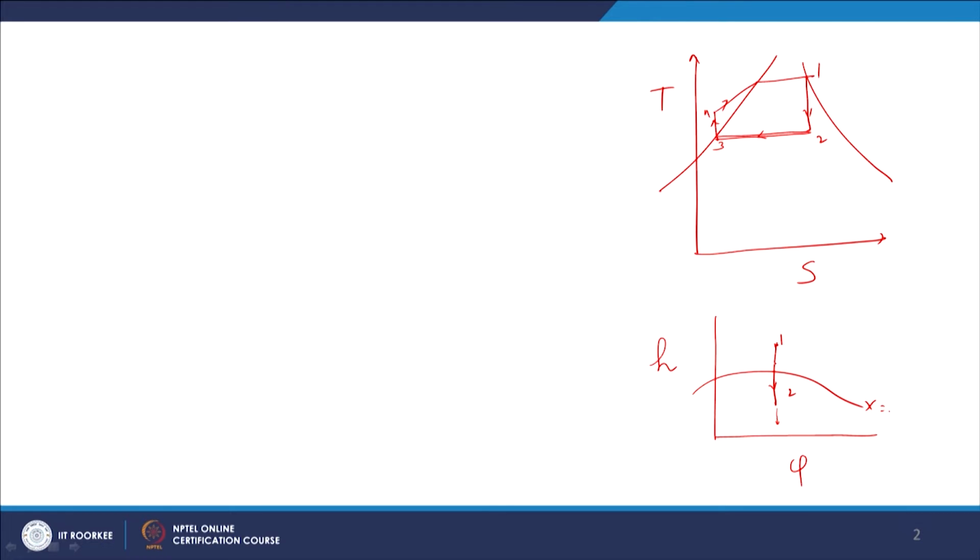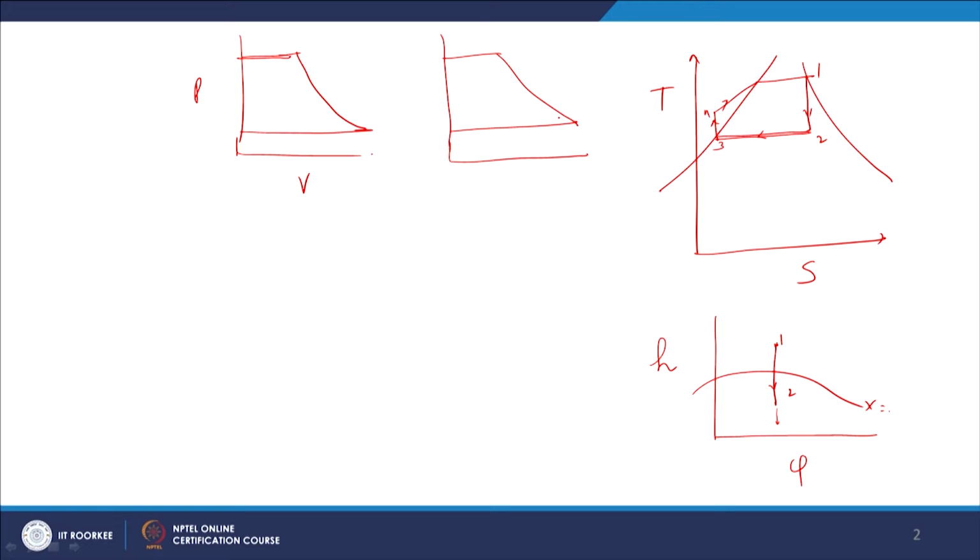If you compare this PV diagram of a reciprocating steam engine, it is like this. And if you draw on the pressure and volume diagram the diagram for the steam turbine, it is also like this. Now this is an ideal diagram. Actually, I have not shown any clearance here.